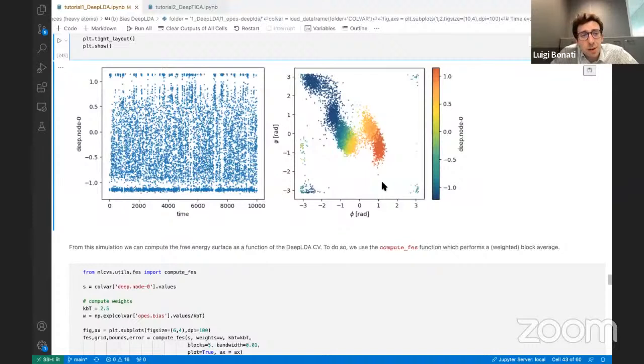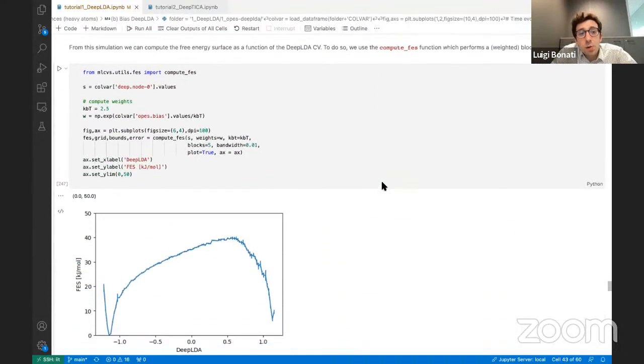You're probably more familiar with biasing the system with phi and psi, and so the region explored will be very different, because here we are not biasing phi or psi or both together. Rather, we are biasing a nonlinear combination of the distances. So the region of the phase space which is going to be explored will also be very different.